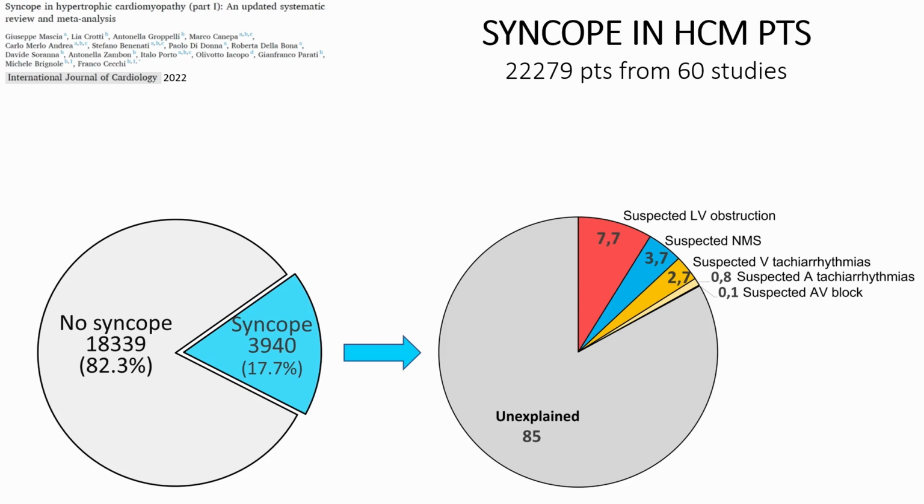We were astonished to see that syncope was defined as unexplained by the authors in 85% of cases. So, in practice, any syncope in a patient with hypertrophic cardiomyopathy is defined as unexplained. I suspect that the same occurs for right ventricular dysplasia and for mitral valve prolapse that have just been discussed.